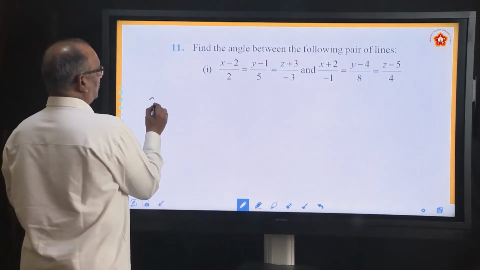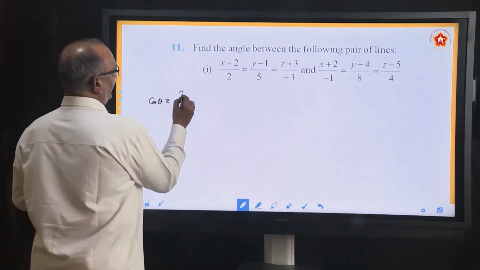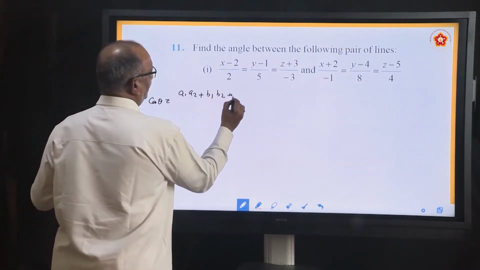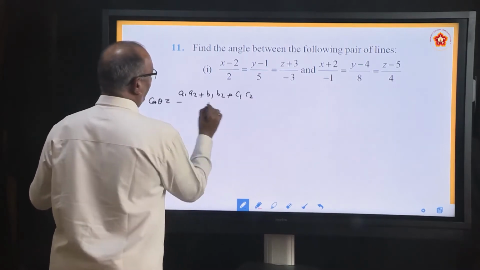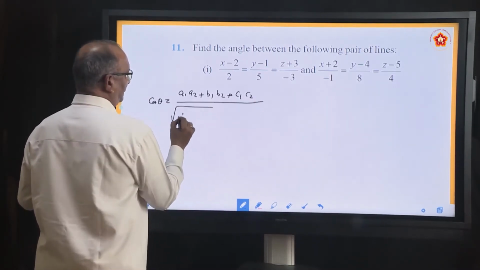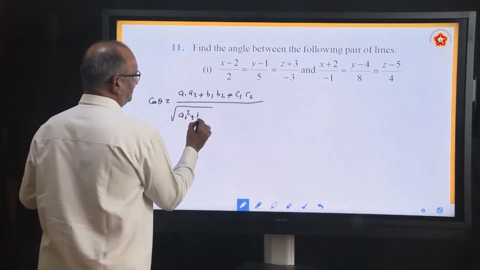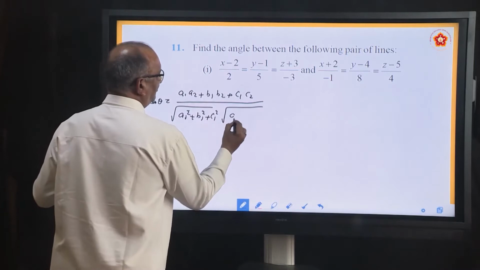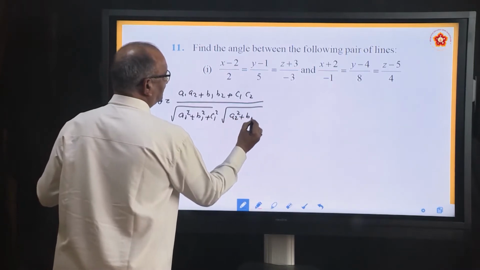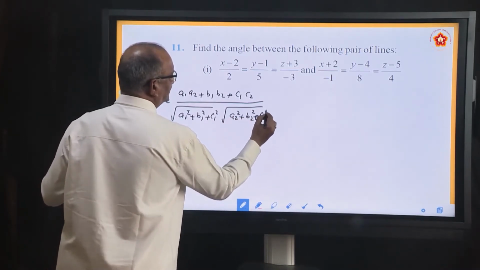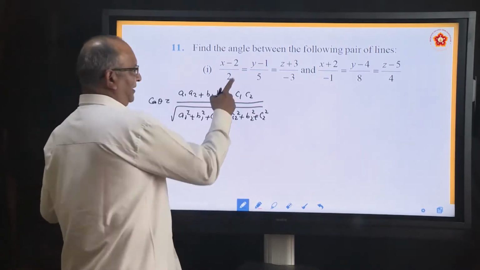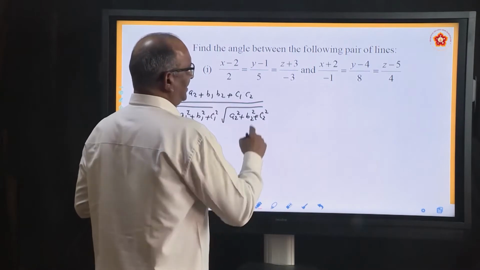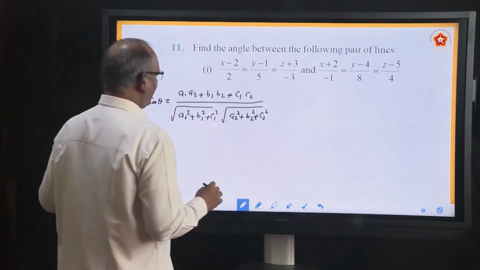The formula is cos theta is equal to A1 A2 plus B1 B2 plus C1 C2 upon under root of A1 square plus B1 square plus C1 square, under root of A2 square plus B2 square plus C2 square. In our problem, identify what are A1, B1, C1 and identify what are A2, B2, C2.